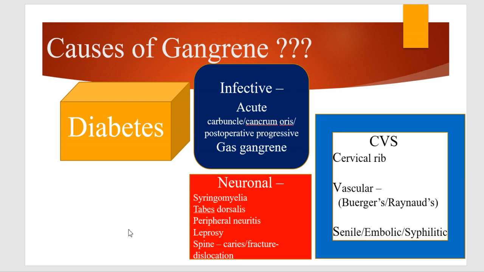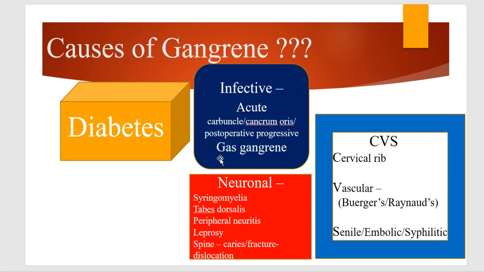Then the third is the CVS. Again, just to remind you, the diabetic patient is more prone to develop infective conditions, neurological complications, then CVS complications, and we are just using this mnemonic to memorize all these causes.